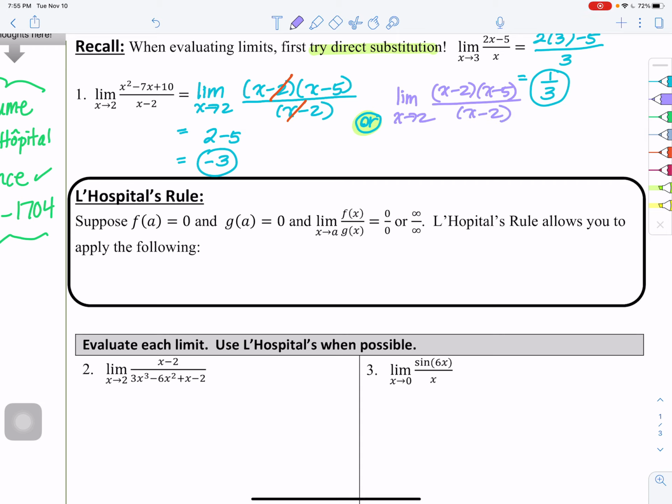In fact, let's not do that, because L'Hopital is supposed to save us some work. Let's just say we have x squared minus 7x plus 10 over x minus 2.